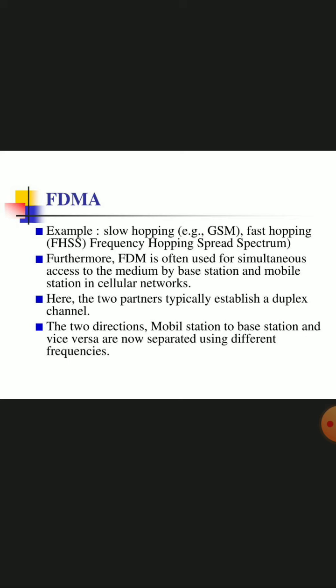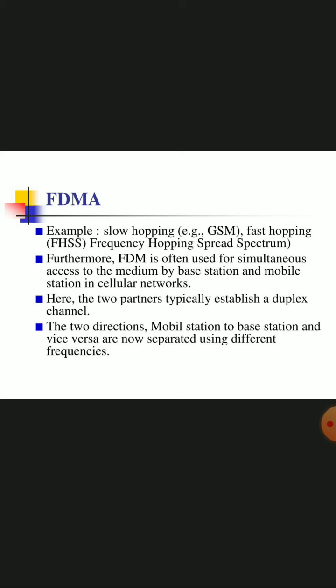Furthermore, frequency division multiplexing is often used for simultaneous access to the medium by base station and mobile station in a cellular network. Okay, how do we activate the multiplexing? Many devices are available, but only one device can be activated at a time.